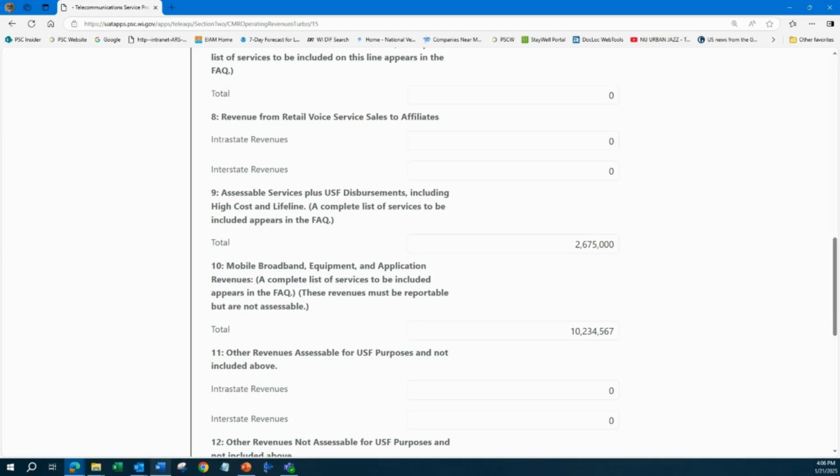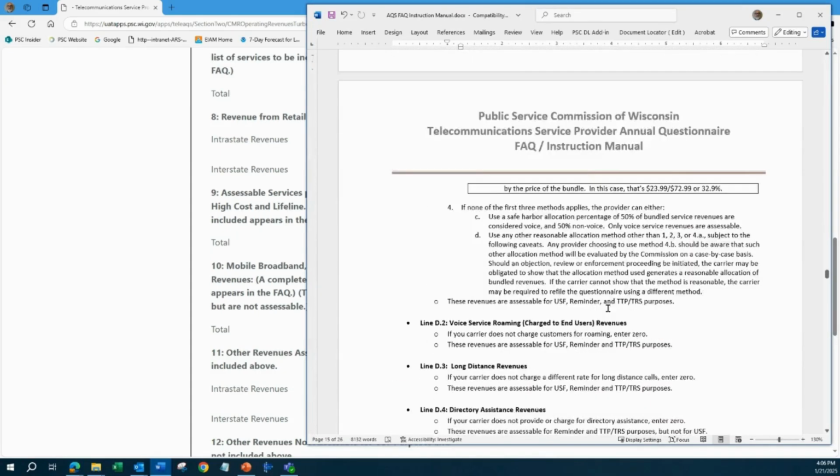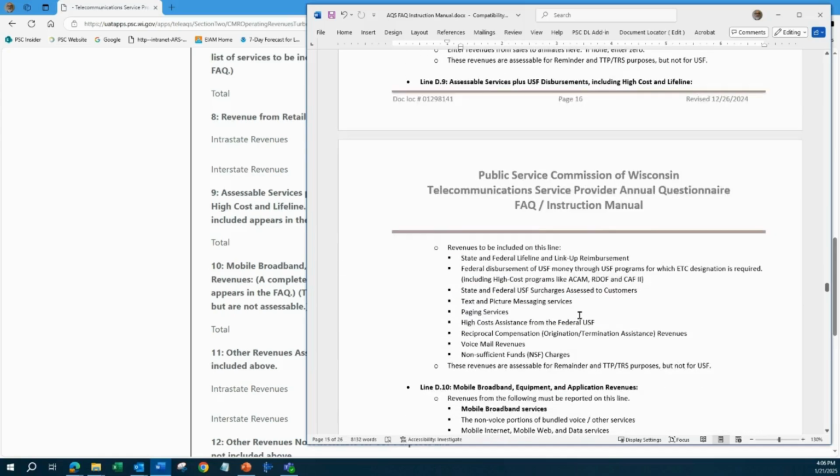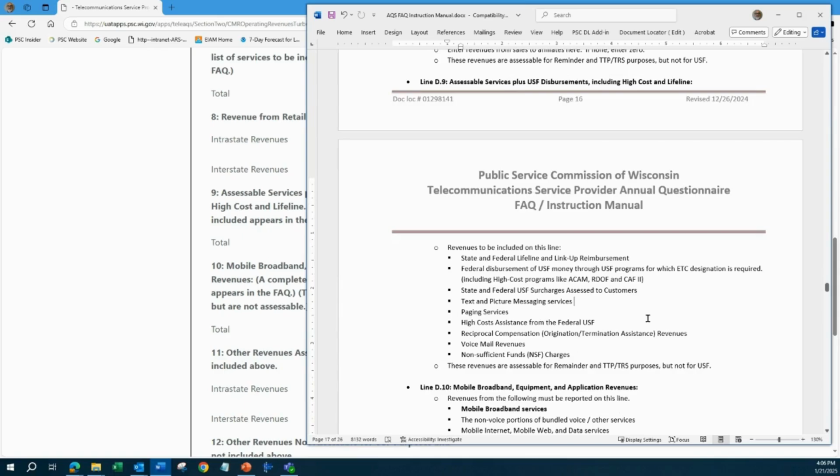And again, if you call up the FAQ and you go down to line 9, here's line 9, and it talks about text messaging, paging, voicemail, reciprocom, those types of things get entered here in addition to state and federal Lifeline and Link Up reimbursement.